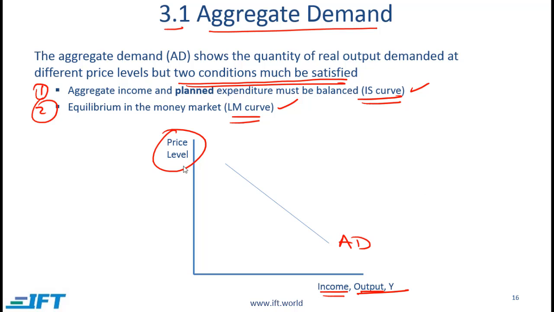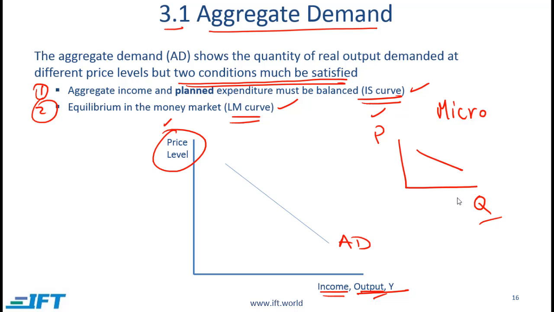Now on the surface, this might look a lot like the demand curve that you saw in microeconomics, because there we also had price on the y-axis, quantity on the x-axis. So you might think that this price and this price are similar, and that real output is in a sense quantity, and we have a downward slope.